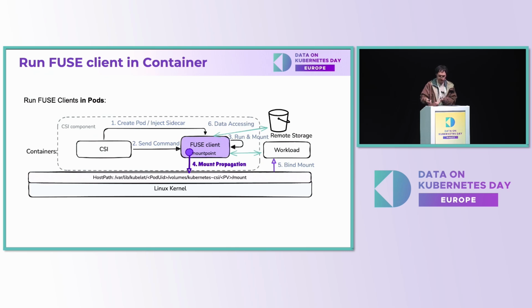This Fuse container starts by mounting remote storage on some path in the container, and the mount point will be propagated from the container to the host path. So CSI will check if the mount point on the given host path exists. If it finds the mount point, it means the Fuse pod is successfully started. So CSI can bind mount it to the workload pod's volume mount path.